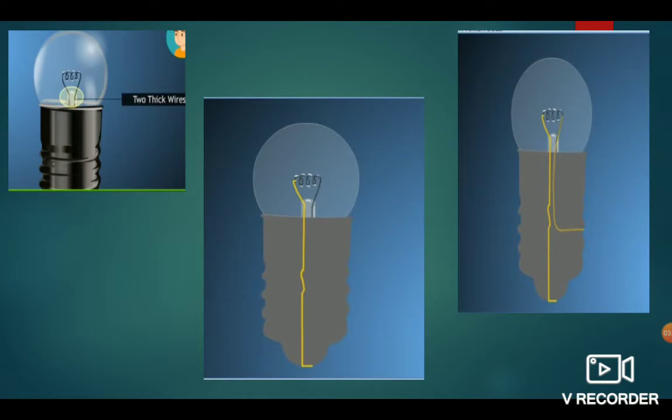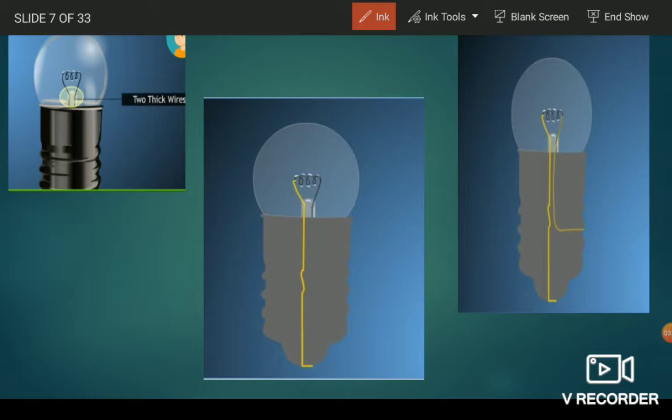Let us see both the terminals of this torch bulb. As you can see here, these are the two thick wires.